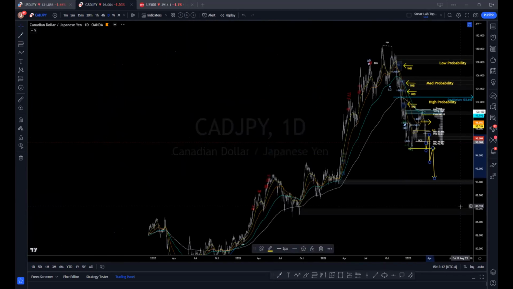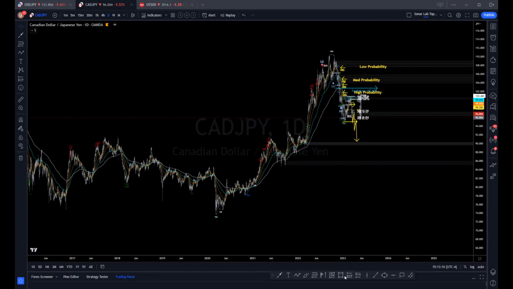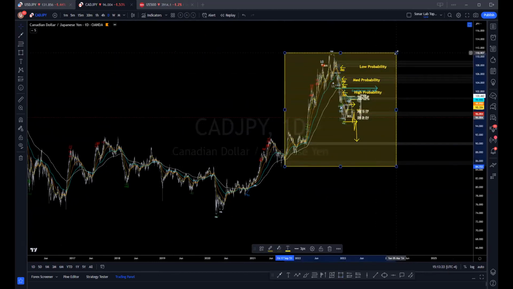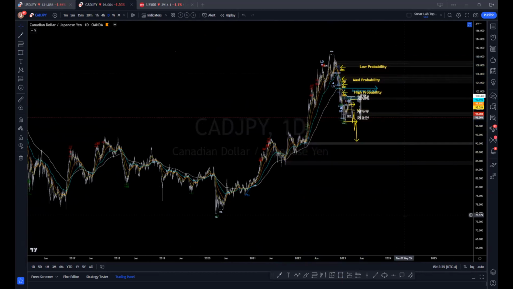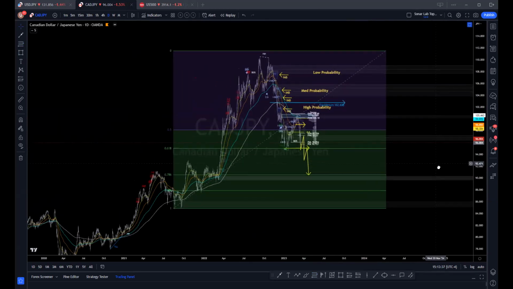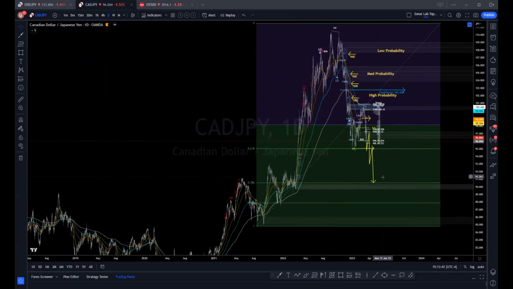Look at this. Well, I'm going to just go from this swing here. As you can see, we're past the 50% mark, and we're coming down.